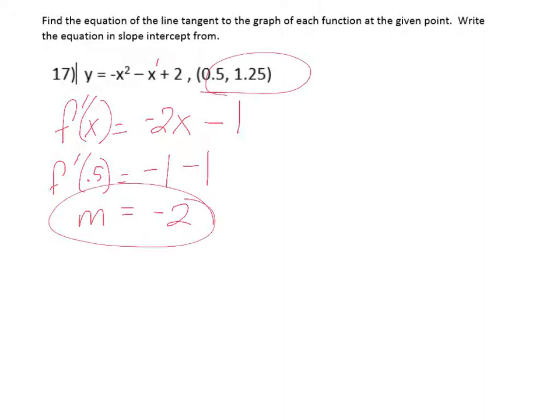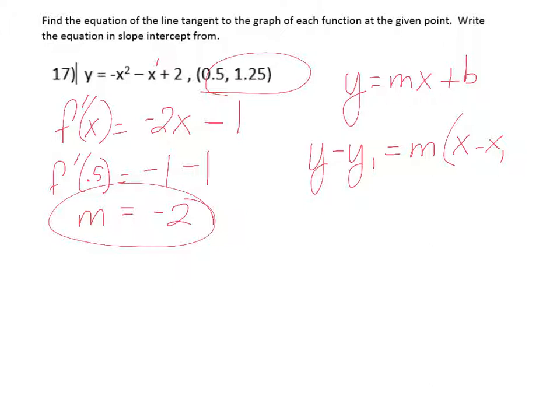I also have an ordered pair. And if I have the ordered pair and I have the slope, I can write the equation of the line. Now, personal preference, you might use slope-intercept form and go solve for b. That's okay. I'm going to use point-slope form. Let's plug in everything we can. So it's going to be y minus y1, so y minus 1.25 equals my slope, -2, times x minus 0.5.